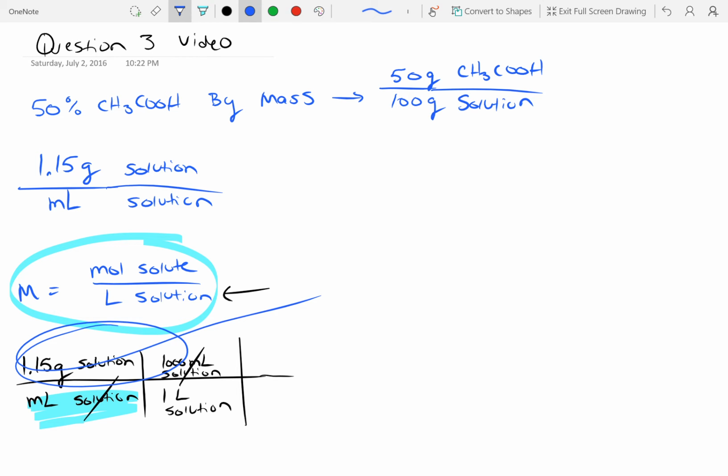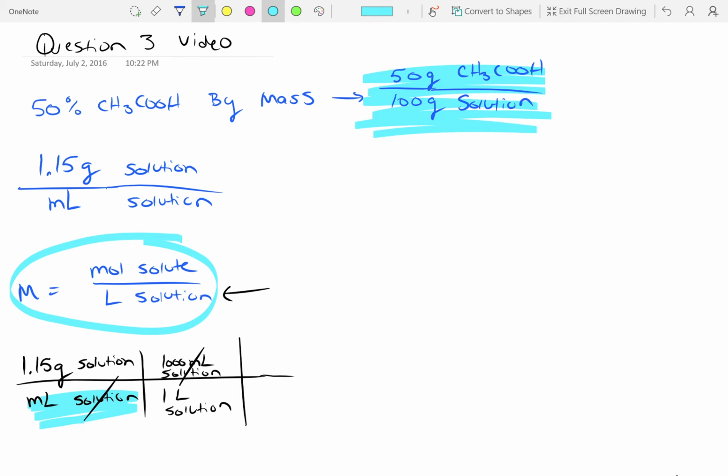I need to get from grams of solution to moles of solute. One thing I could do is use what they gave us up here, that it's 50% acetic acid per solution.